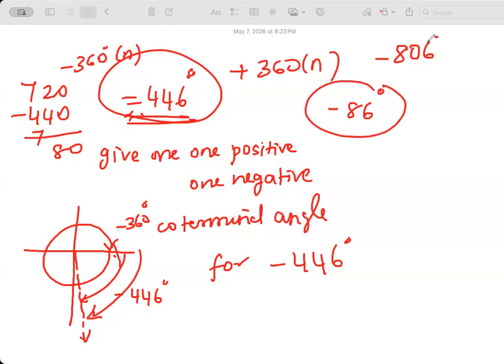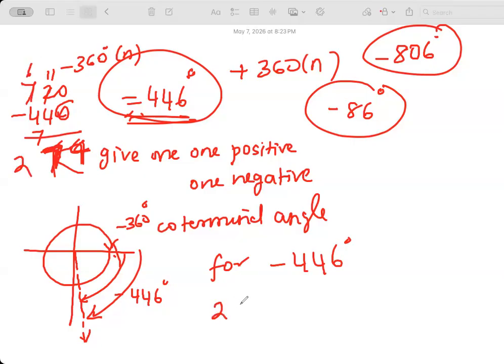One is minus 86 or minus 806, but both are negative. Adding 720 to minus 446 gives a plus 274 degrees. This is a positive coterminal angle. These two are negative coterminal angles.